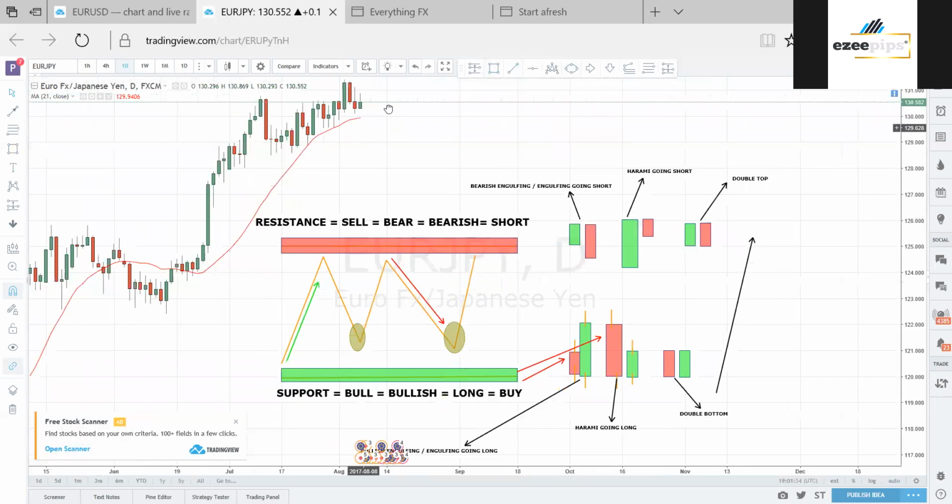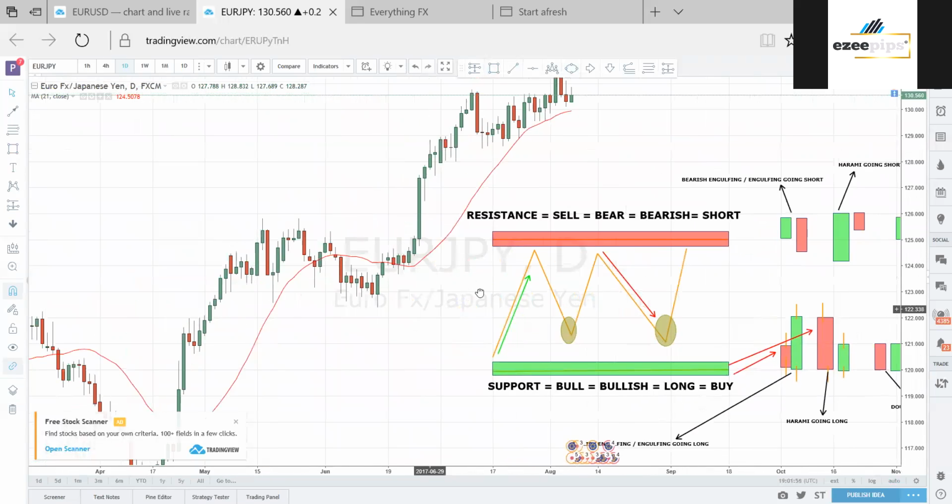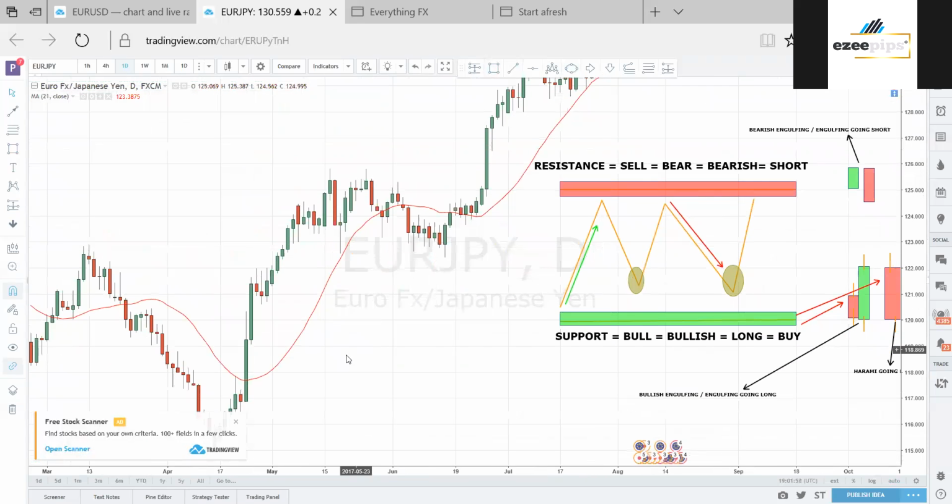So if you follow this pattern here, you would understand how price moves. You take your sell options at levels of resistance, your buy options at levels of support. There is a lot to it, but this is just the basics that you should understand. Okay, let us go into the chart and let's see if we can identify more.